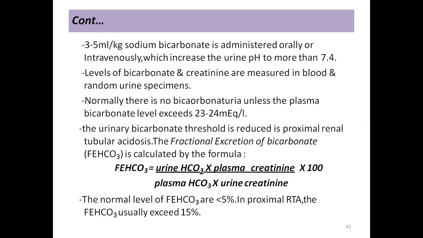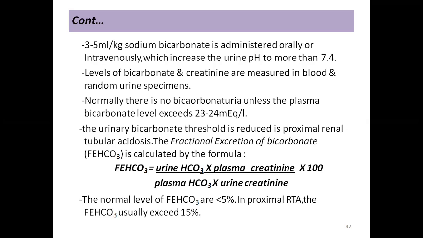So the fractional excretion of bicarbonate is calculated by the formula. How do we calculate? It is urine concentration of bicarbonate multiplied by plasma creatinine, divided by plasma concentration of bicarbonate multiplied by urine creatinine, and that is multiplied by 100.